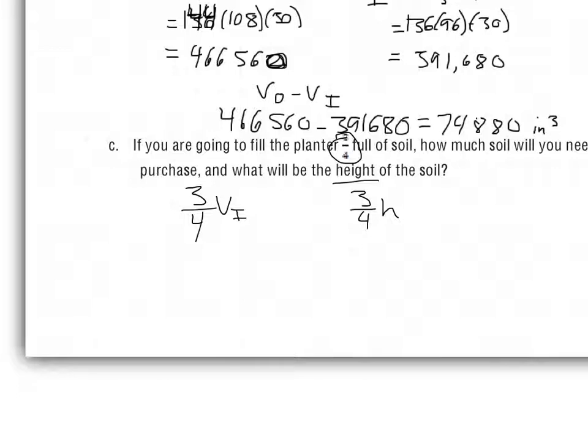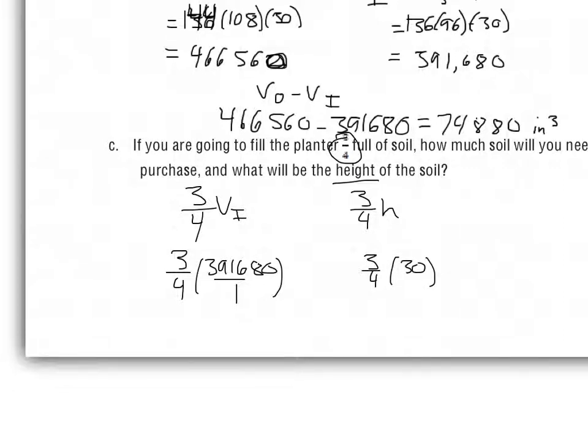All right, so if we calculate the volume, 3/4 of the inner volume, 3/4 of 391,680. We could treat that as a fraction over 1, or we could think about 3/4 as 0.75. Same thing with the height. Our height was 30 inches, so 3/4 of 30 inches.